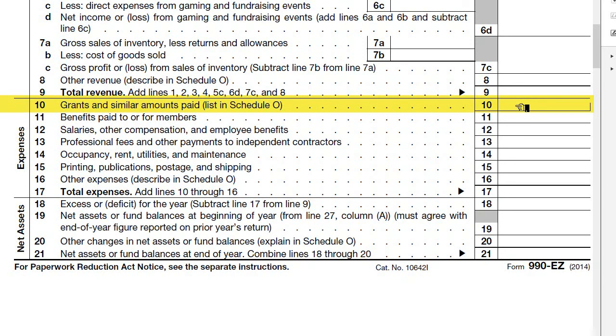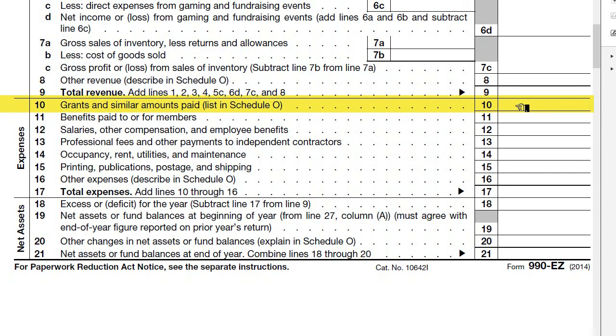I mentioned earlier that some of the grants need to be itemized on Schedule O. Basically, if you have given a grant to an organization or an individual, and that grant was more than $5,000 to that particular organization or individual, it needs to be listed on Schedule O. You're going to put the class of activity, which would be not just educational or religious, but you would need to tell what it was for.